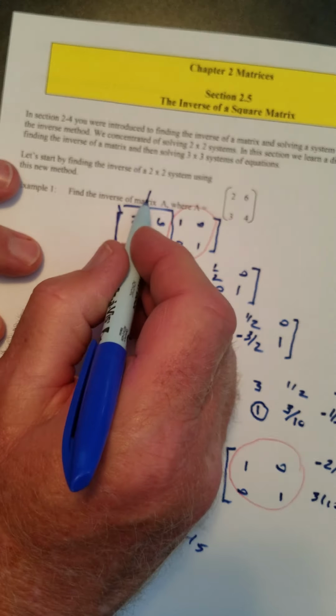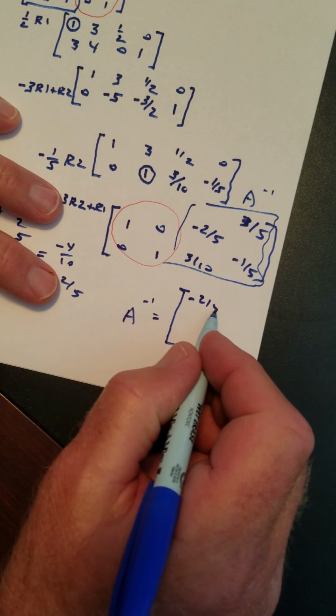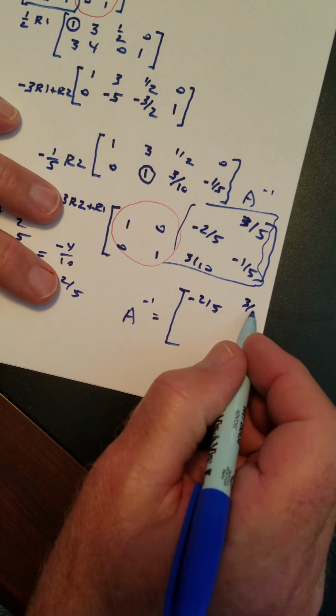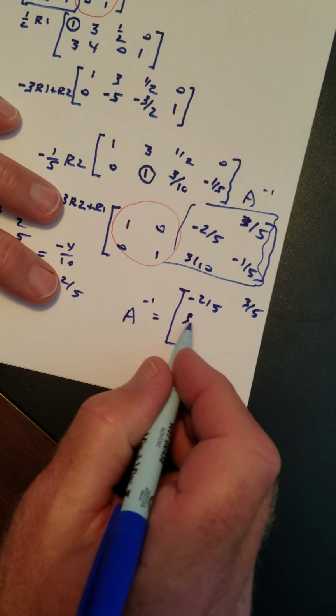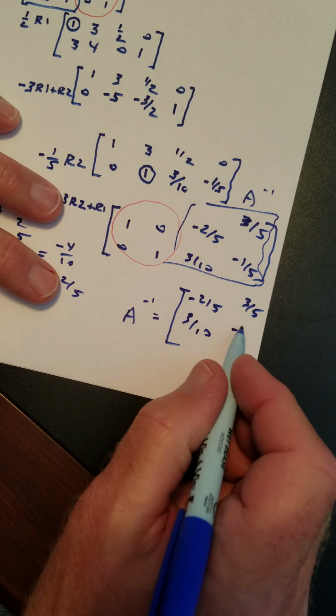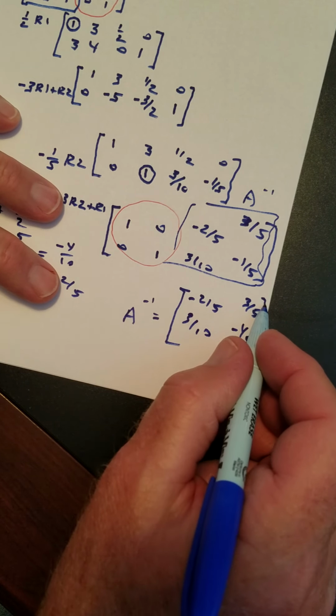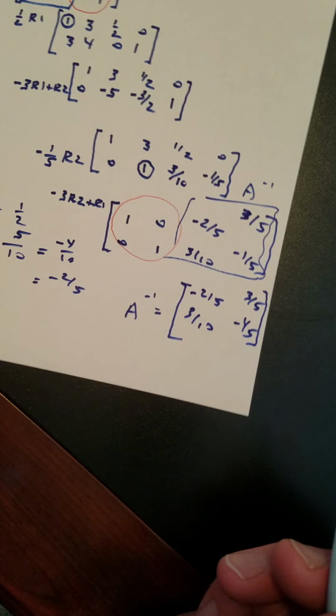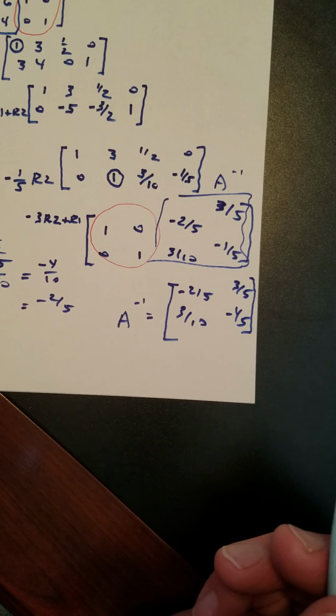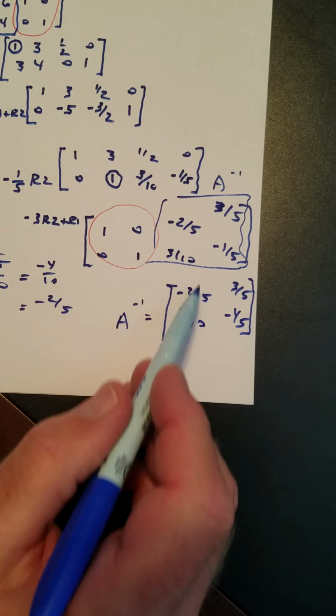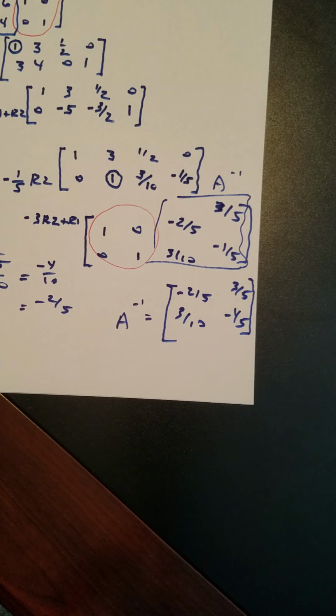That's the inverse. So the inverse of the matrix that I started with is negative 2/5, 3/5, 3/10, and negative 1/5. So whatever you had on the right, that's what the inverse ends up being.